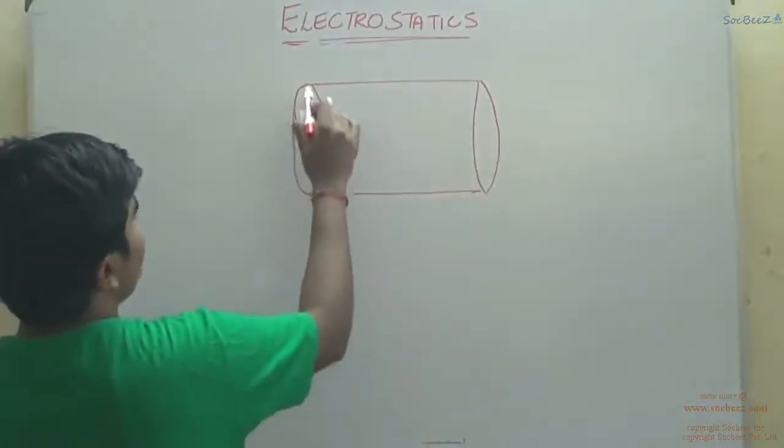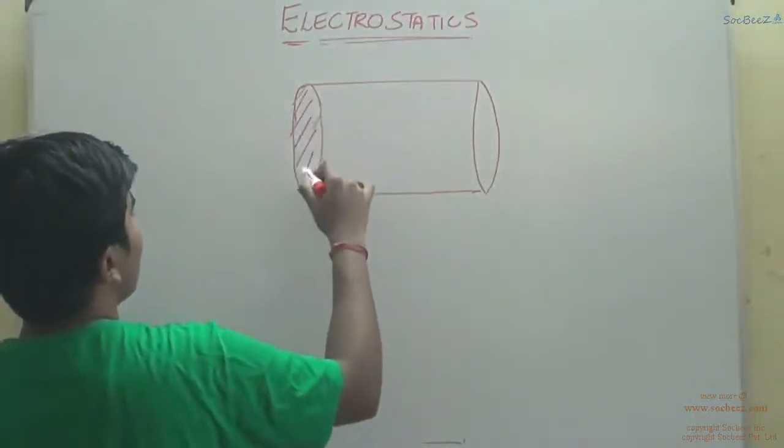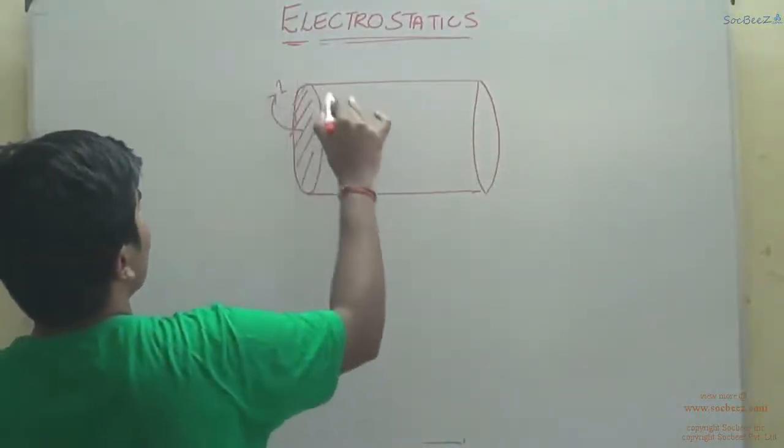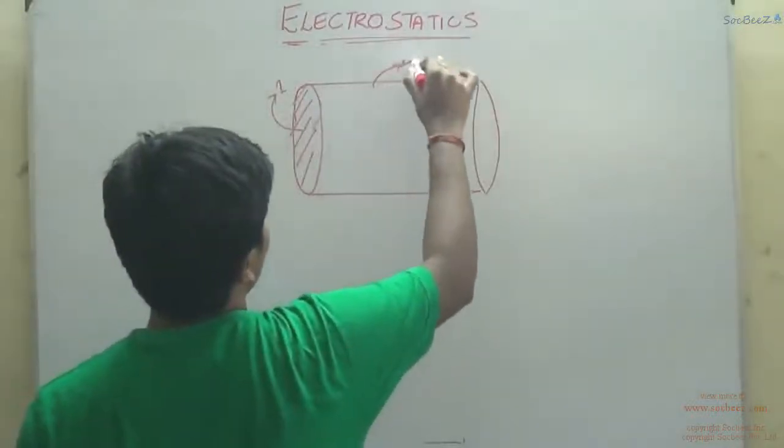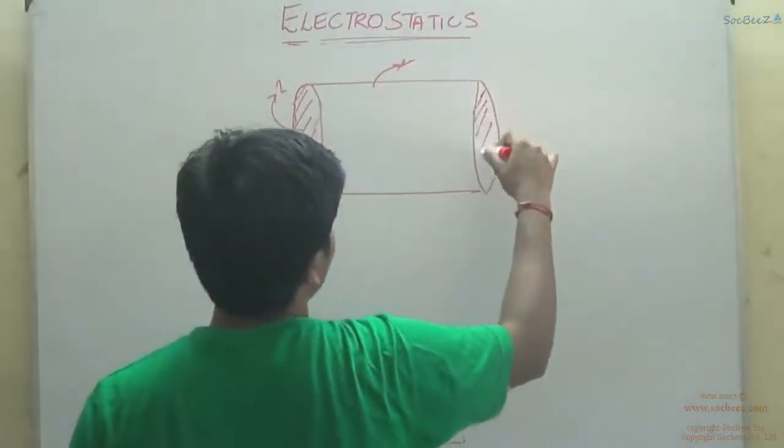Let this be phase 1, this lateral surface be phase 2, and this be phase 3.